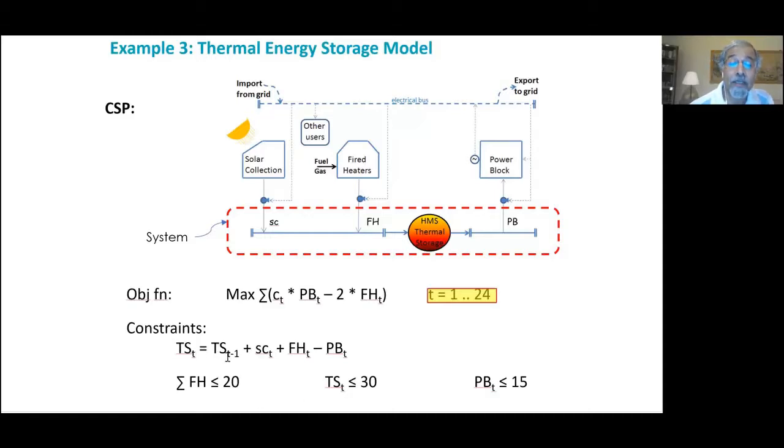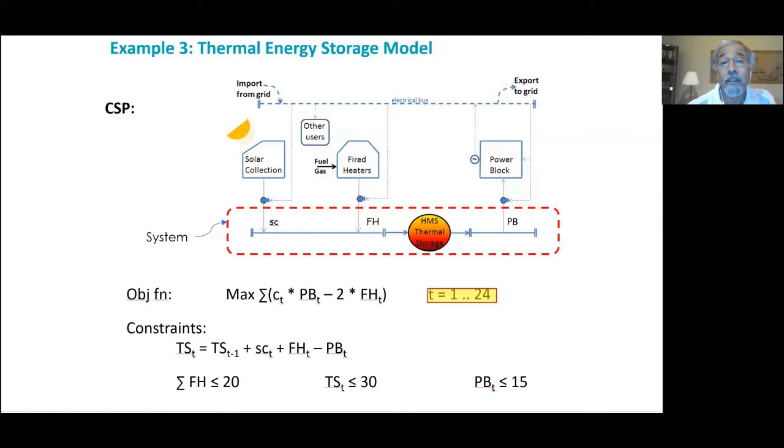So the starting value, and how much solar has been collected this period, how much has been produced by the fire heater, and how much is being consumed by the power generation. Then there'll be limitations on each period: how much is the thermal storage capacity, what is the capacity of power generation. And some constraints could be over the entire period. So the summation of the heat generated by the fire heater is limited to be 20.